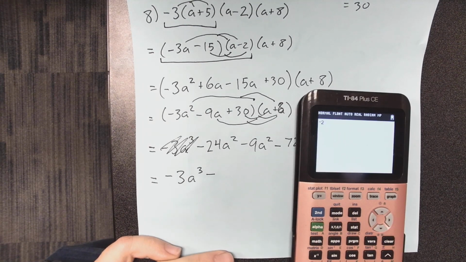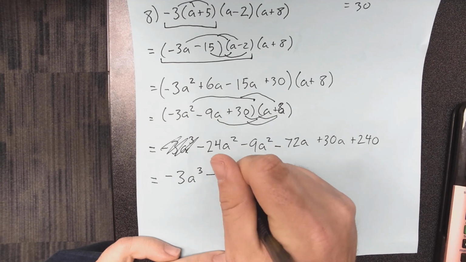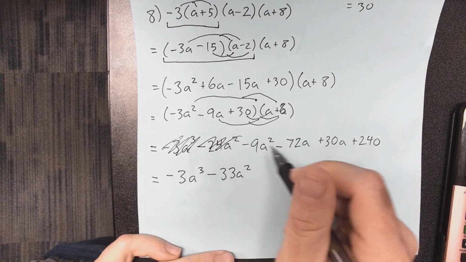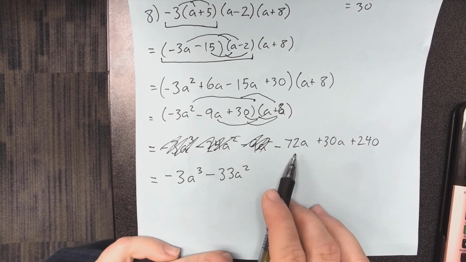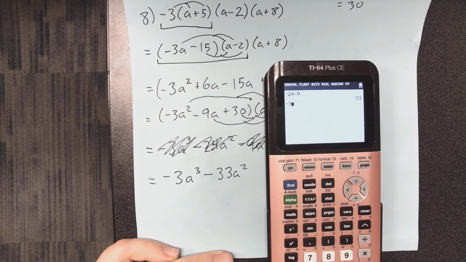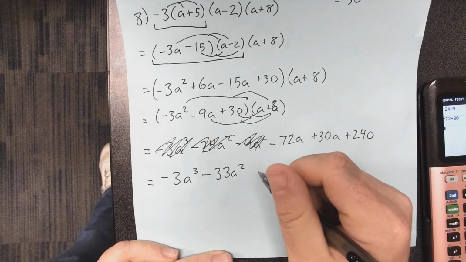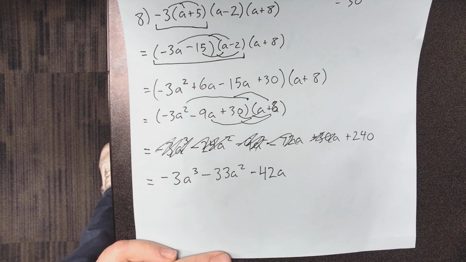Negative 24 minus 9, adding those two together, is negative 33a squared. And then I got these two a's: 30a and negative 72a being added together. So negative 72 plus 30. You can use your calculator to help you combine like terms, just adding coefficients together. It's minus 42. And then bring the 240 down.